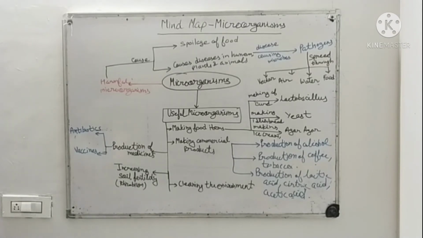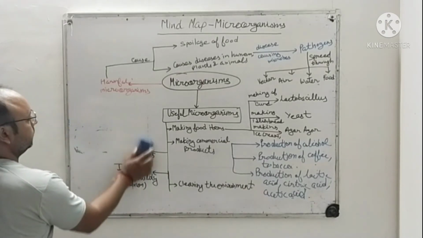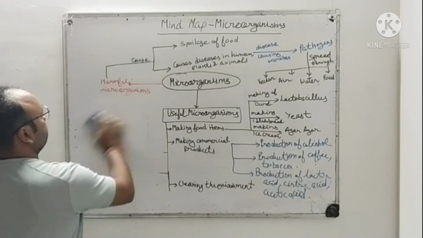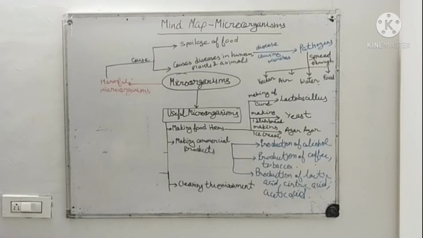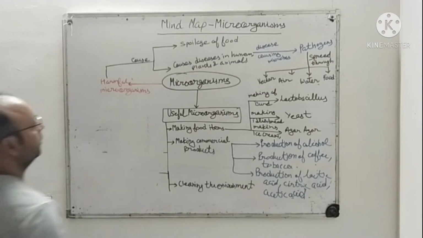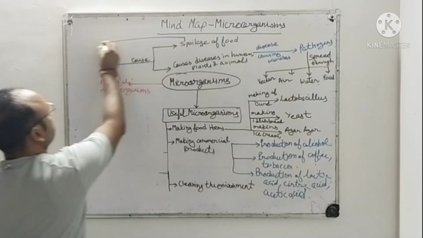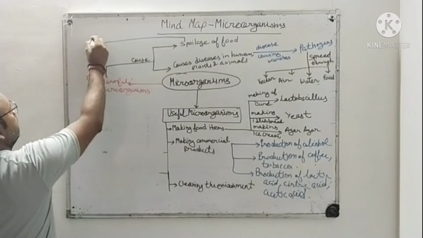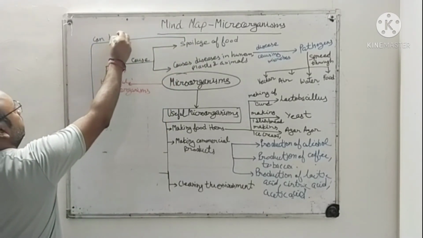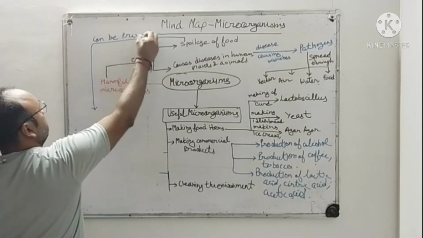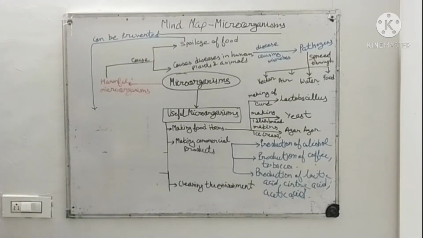So next, if I want to go further, now I am having this one, spoilage of food. Spoilage of food can be prevented. We have studied in this chapter that spoilage of food can be prevented.